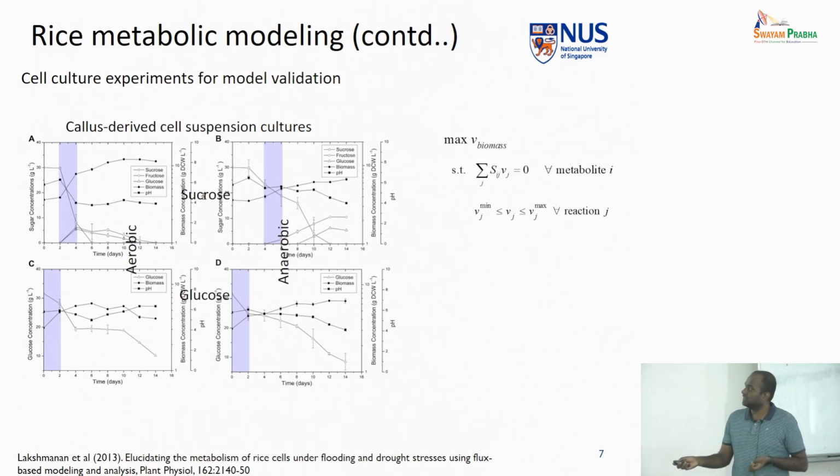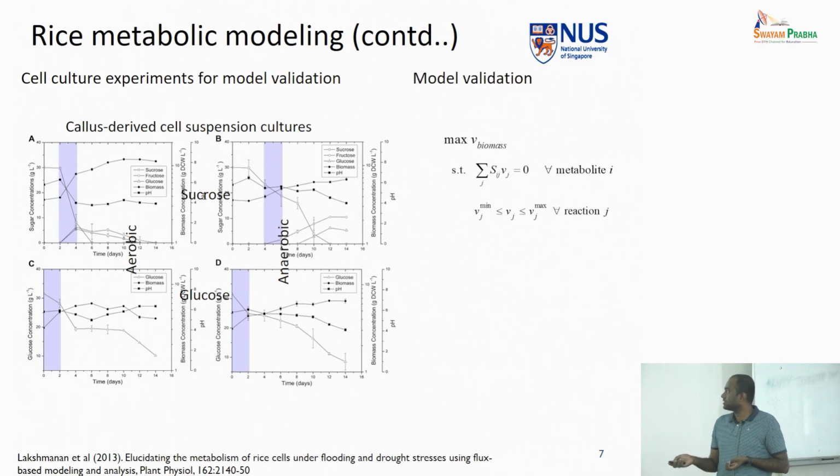So these are extracellular data. It shows the consumption of sugar, where you could see a decrease in trend, as well as the increase in the cell mass. So by consuming the substrates, they were able to grow. And there was also some byproduct production, such as ethanol in the case of anaerobic conditions.